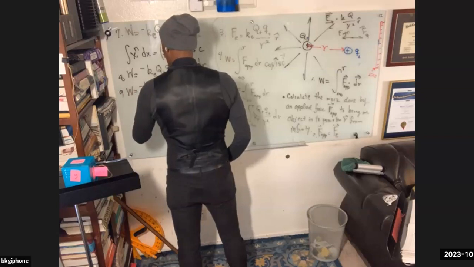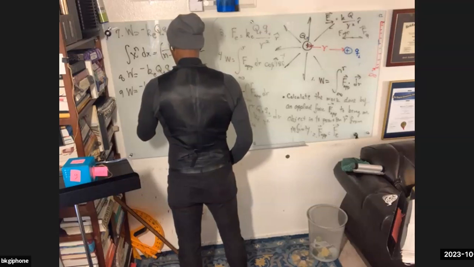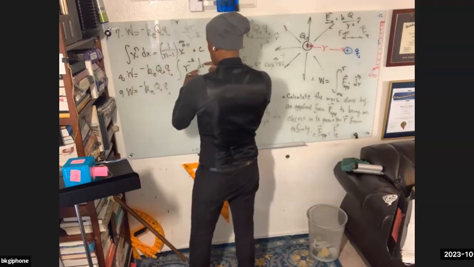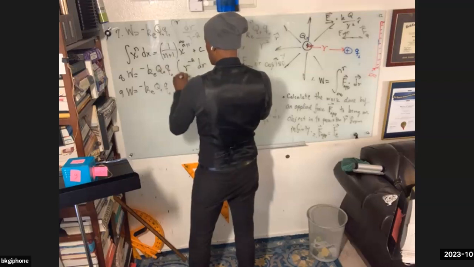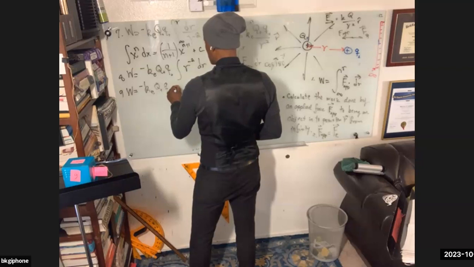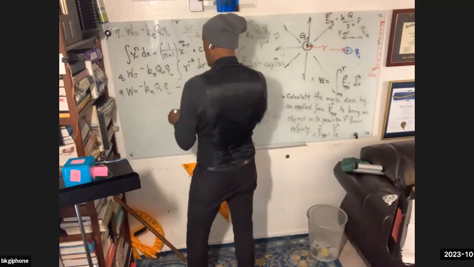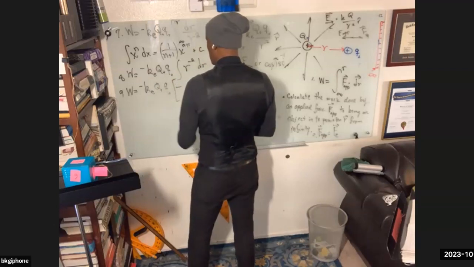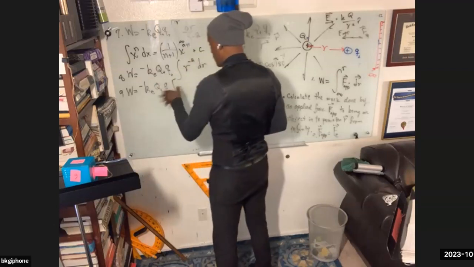So I'm going to have k_e q plus q plus. So minus 2 plus 1 is basically minus 1, so 1 over minus 1. Now keep in mind there's a minus sign that's already there. So I'm going to put the factor from the integral in parentheses, and then we'll work out the algebra.